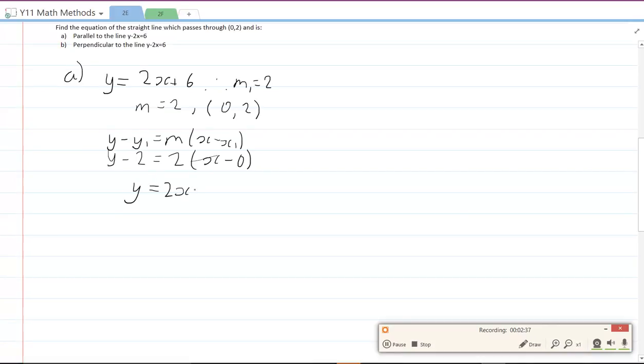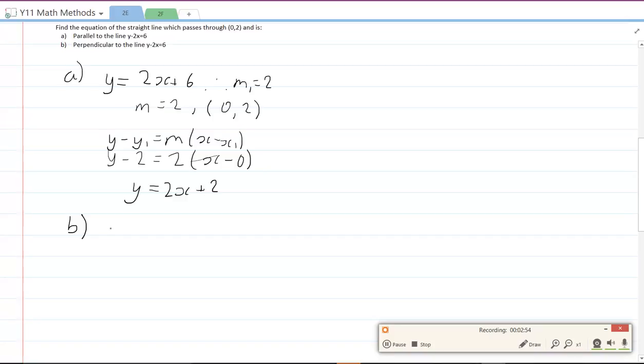Expanding the brackets and adding the 2 from the other side, y is equal to 2x plus 2. That would be your answer for the first one: the line that is parallel to that, passing through the point (0, 2), is y is equal to 2x plus 2.